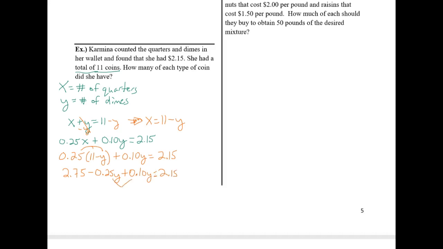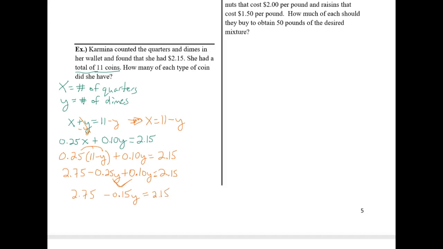And I will combine my like terms. I have a negative 0.25 plus 0.1. It's going to give me a negative 0.15y.